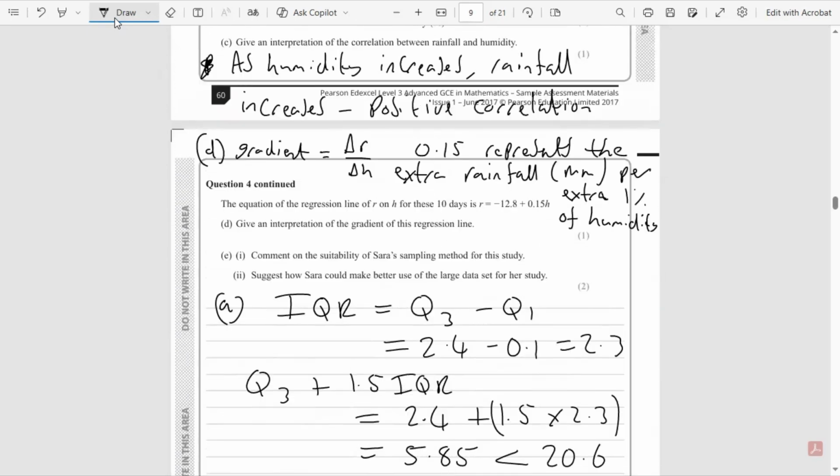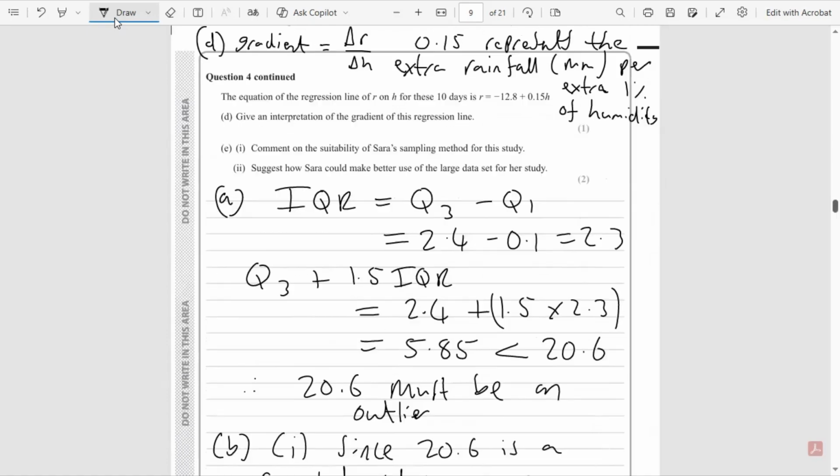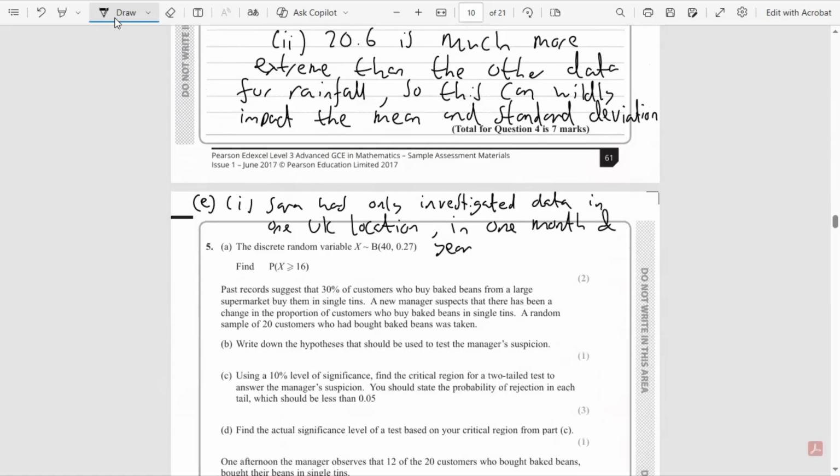And then for the second part of the question, suggest how Sarah could make better use of the large data set for her study. So you can just say with this one, take data from more UK locations. So take data from the other UK locations. Or again, you can say use other months of the year.